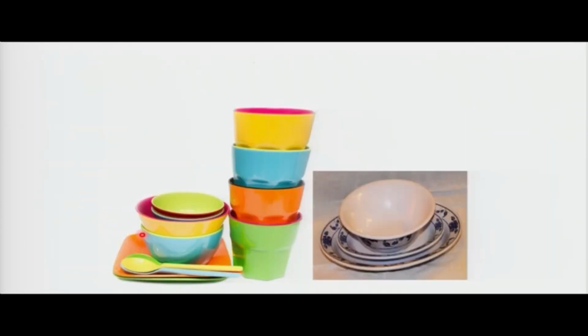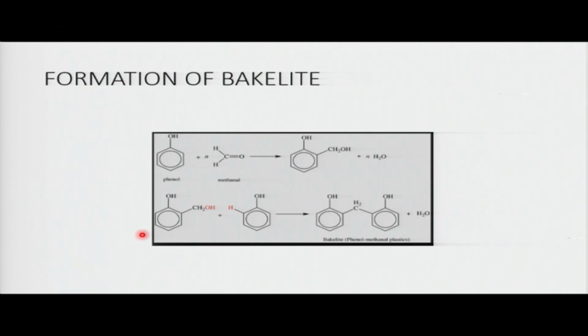So let's continue, and we talk about the formation of bakelite. Hope you are seeing this very well. So we have phenol here. Bakelite is a mixture of phenol and methanal. They react together as you see in our equation.